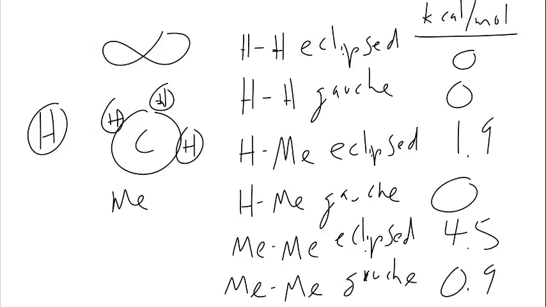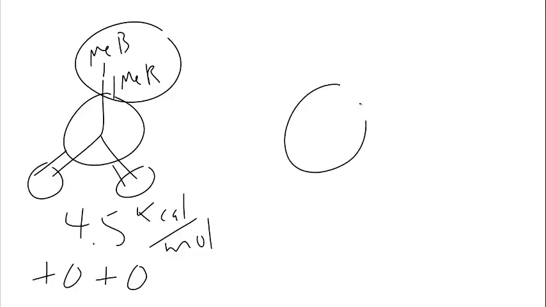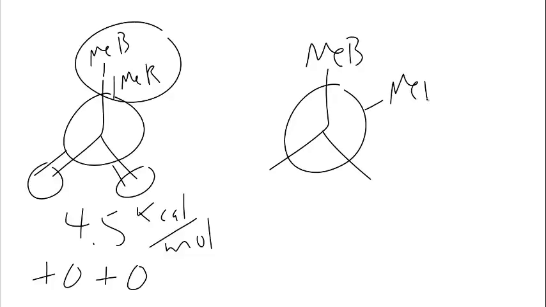However, every HH interaction that we have is worth 0 kilocalories per mole. So it's as if we just added 4.5 to 0 plus 0, and that pretty much covers everything that we need to talk about for this conformation.